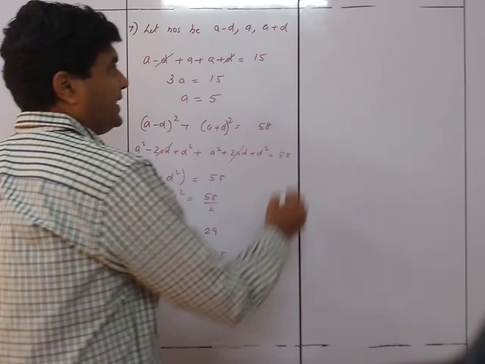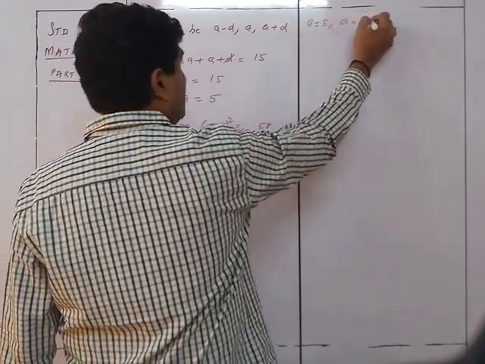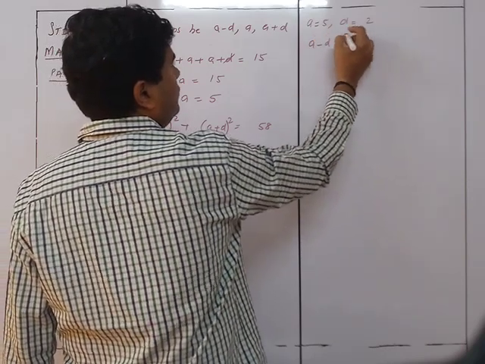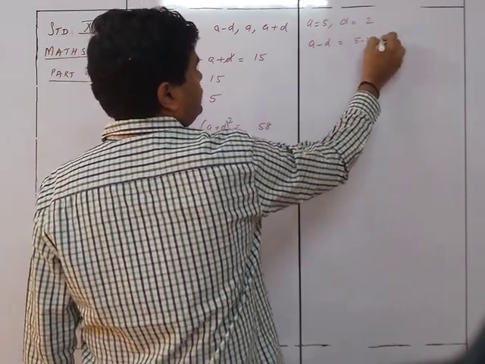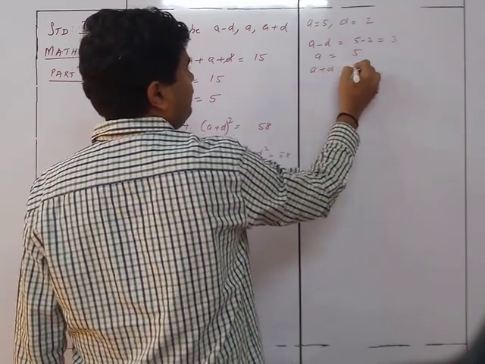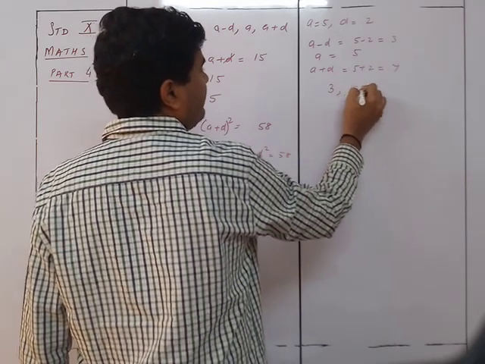Got it? So taking A is equal to 5 and D is equal to 2, we get the numbers as A minus D is equal to 5 minus 2 is equal to 3, A is equal to 5 and A plus D is equal to 5 plus 2 is equal to 7. So the numbers are 3, 5 and 7.